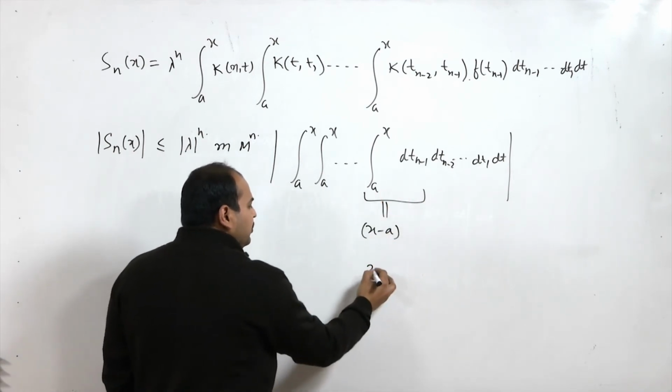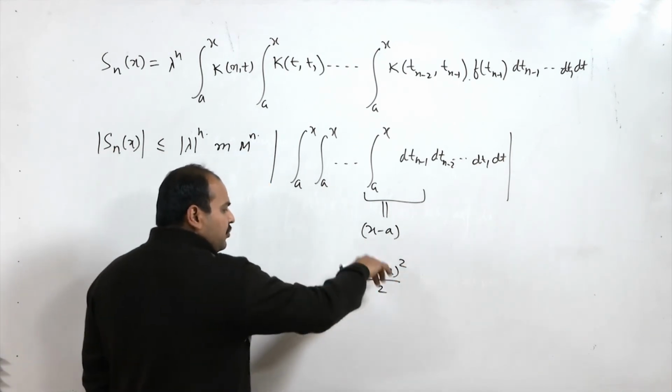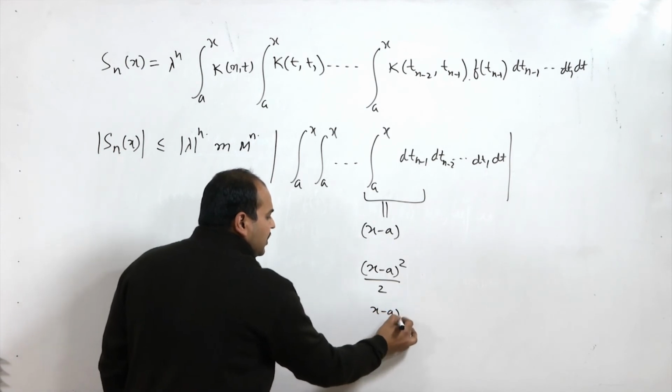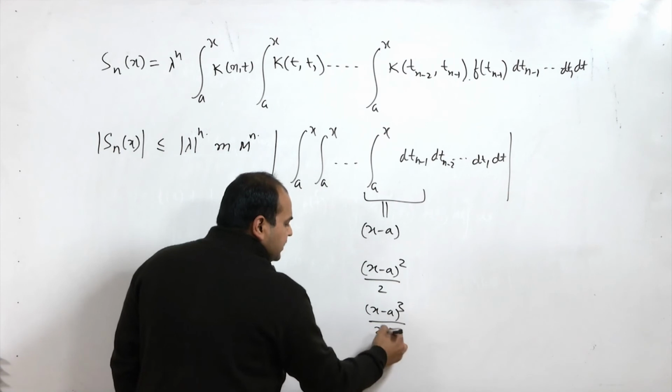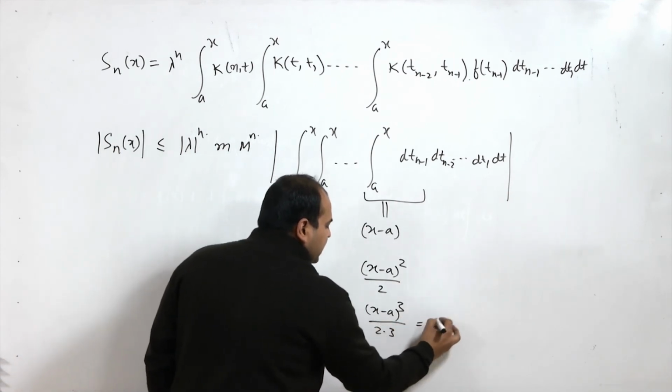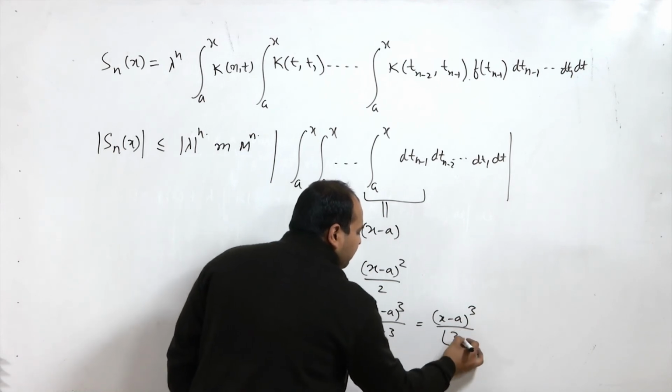If you integrate further you will get x minus a cube upon 3 factorial, which I can write as x minus a to power 3 divided by factorial 3.